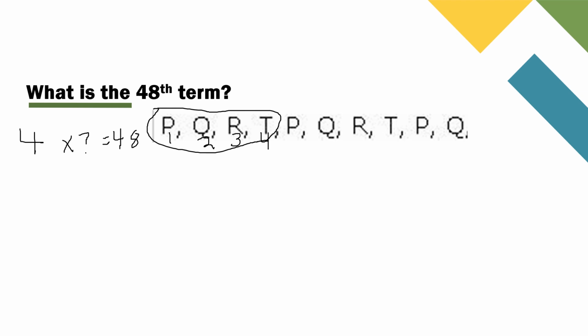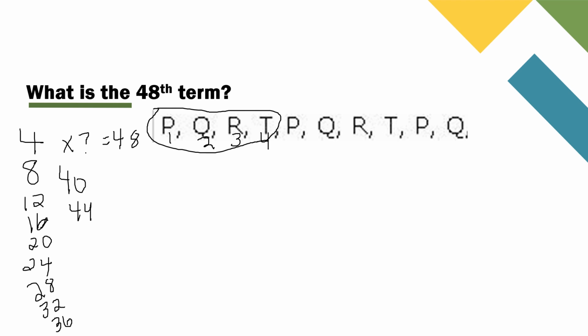So let's try it. 4 times 1 is 4. 4 times 2, 8. 4 times 3, 12. 4 times 4, 16. 4 times 5, 20. 4 times 6, 24. 4 times 7, 4 times 8, 4 times 9, 4 times 10, 4 times 11, 4 times 12.